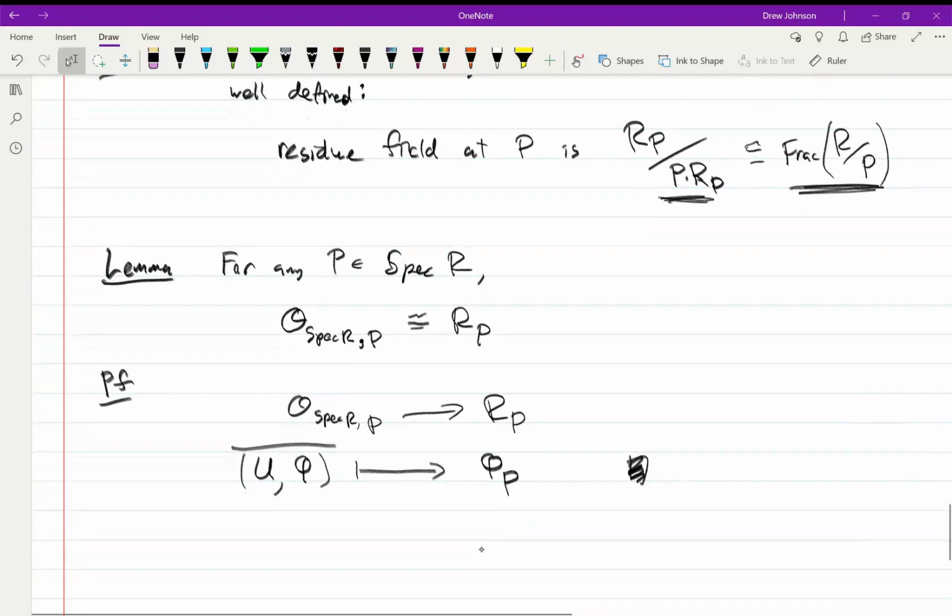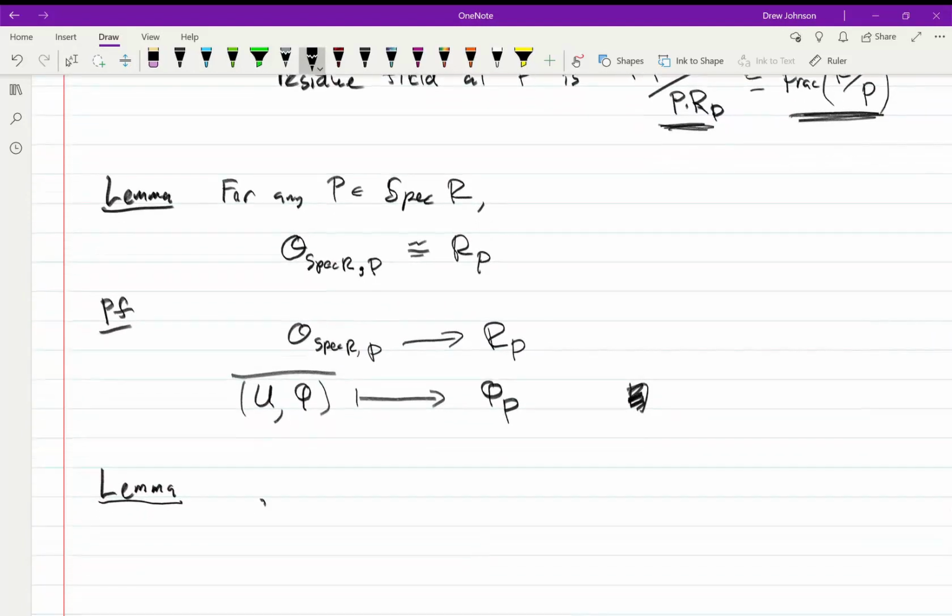Well, let's do one more lemma of a similar theme, this time about the distinguished open subsets. So this says that the structure sheaf of the affine scheme Spec R, if you take the sections over the distinguished open subset D(f), you will get exactly, well, it will be isomorphic to R localized at the element f.